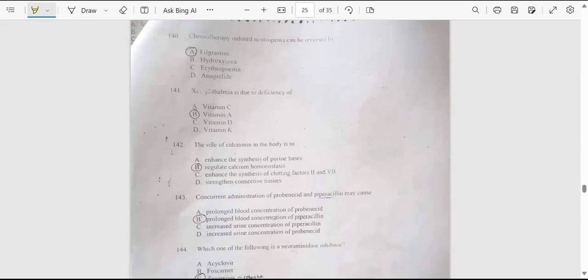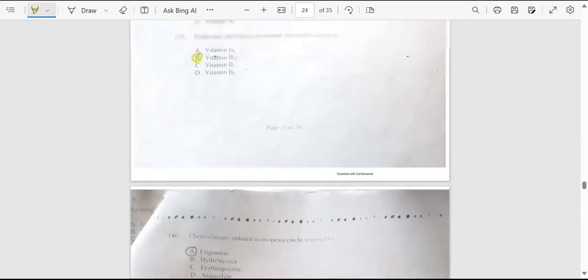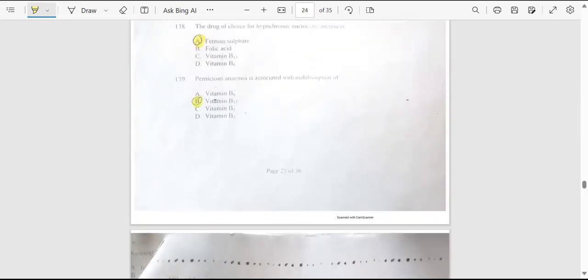How do you administer vitamin B12? Isn't vitamin B12 given intramuscularly? I think it is, injection, IM.